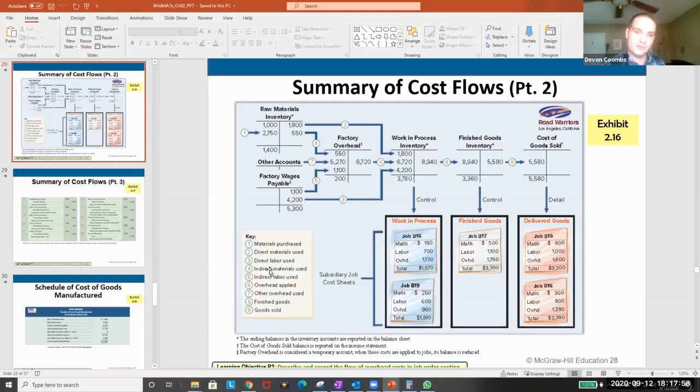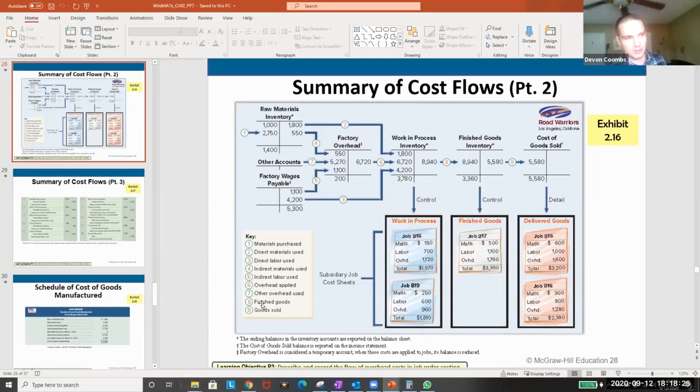Indirect materials used went from raw materials to overhead. Indirect labor went from factory wages to overhead. Overhead applied then got applied from factory overhead account to our work in process inventory. Other overhead used then got put from other accounts into factory overhead.